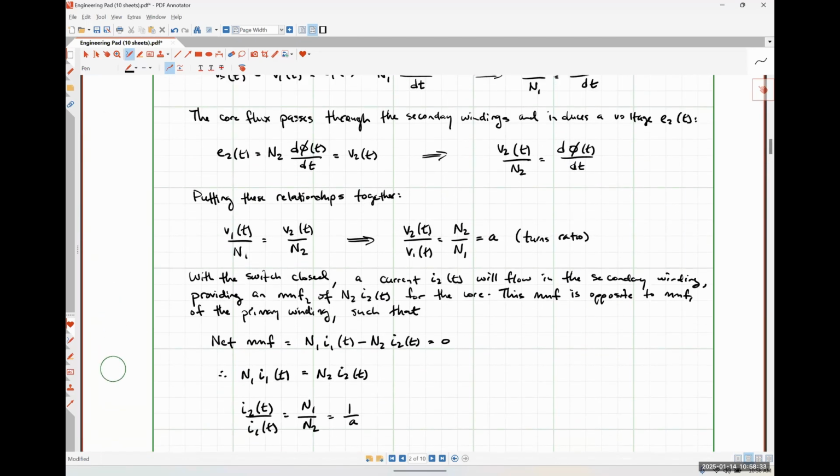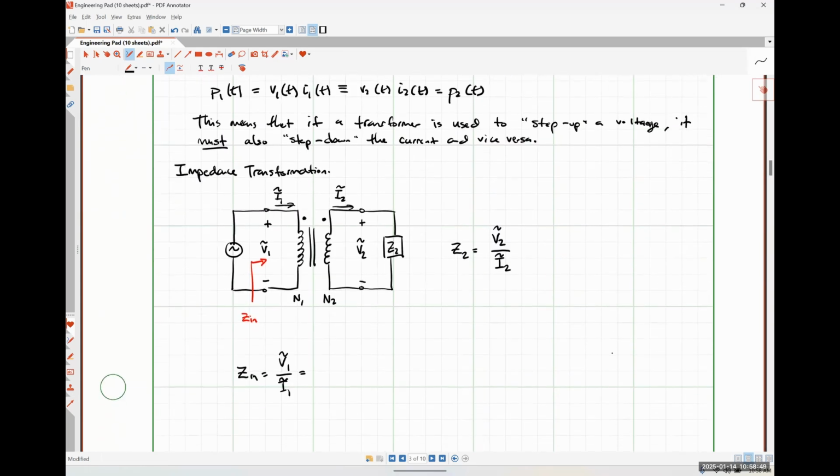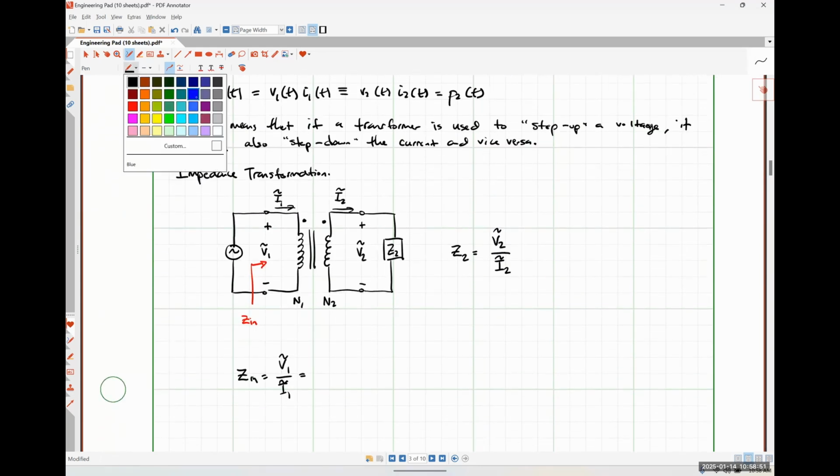Instead of this V2 as a function of time and this V1 as a function of time, let's consider that we're looking at the RMS phasor equivalents of these voltages. So we have a relationship that V2 over V1 is equal to A. I'm just going to tuck that in over here, as an aside.